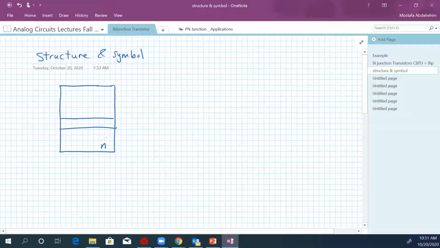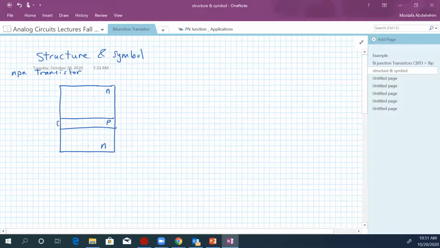This region is N type, this region is P type, and this region is N type. This is called an NPN transistor. Later we're going to study another transistor called PNP. This will be P, this will be N doped, this will be P. So it has three terminals.